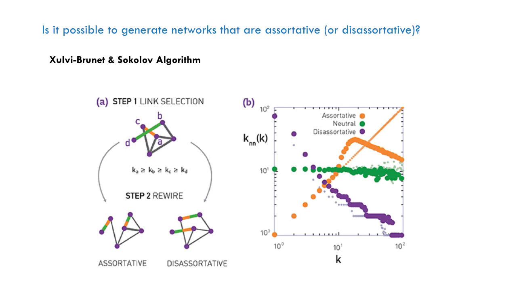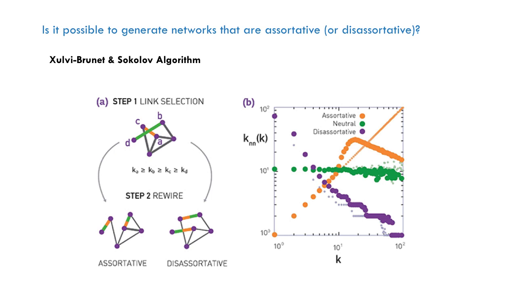So in step 1, we are going to choose 2 links at random. That means we'll have 2 links, and then 4 nodes consisting of the endpoints for those links.